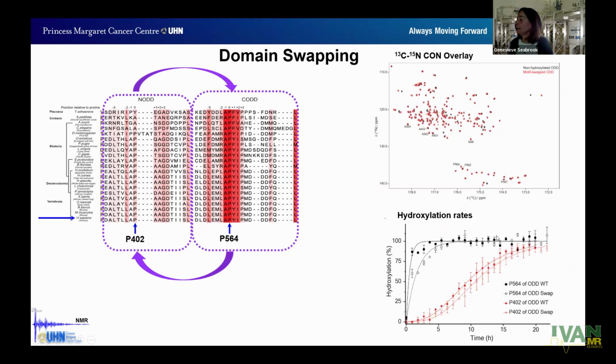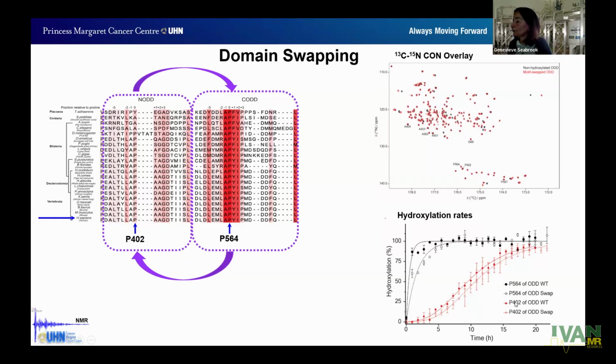And then, what happens if we compare the rate? The black circle corresponds to the kinetics of the wild type for proline 564. Now with the domain swap, the rate of hydroxylation for that proline did decrease somewhat, a consequence of that domain swap.